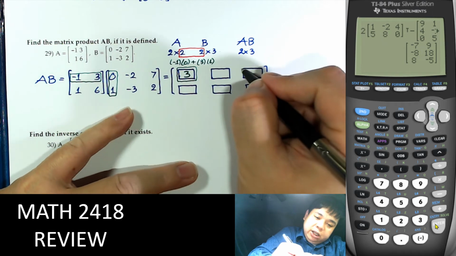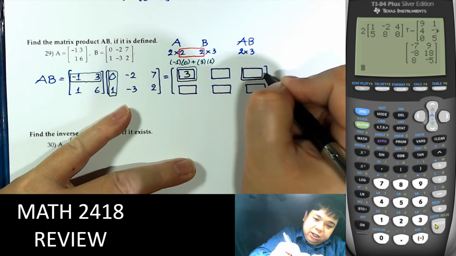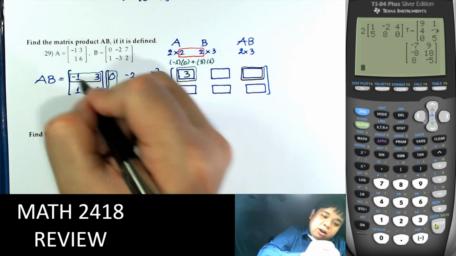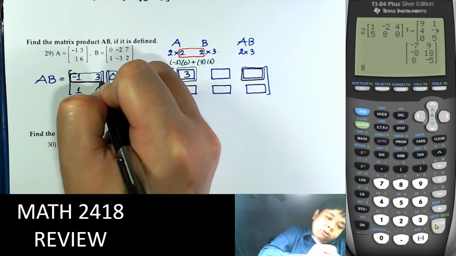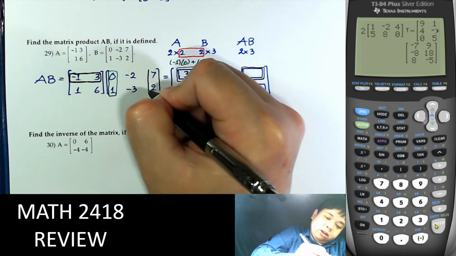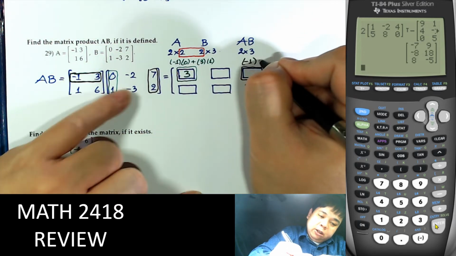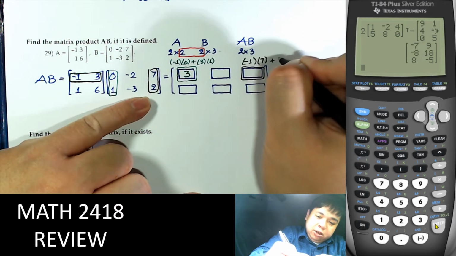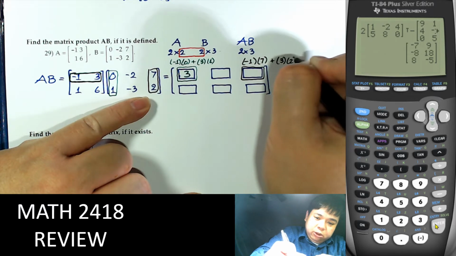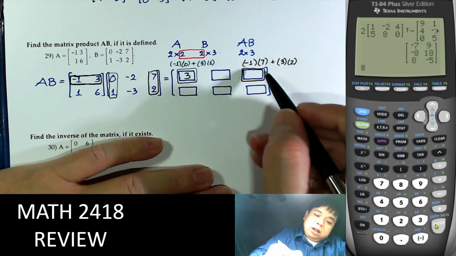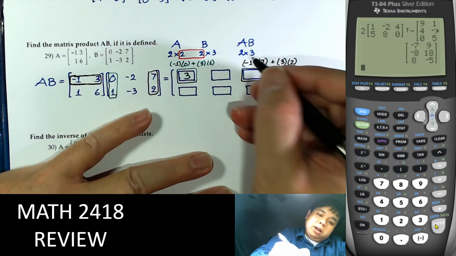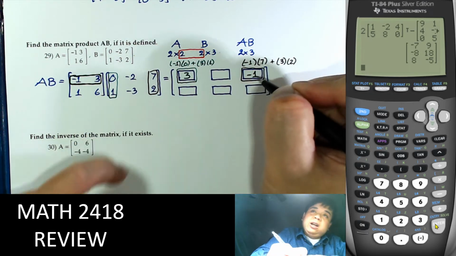For example, if we find this one, this is on the first row and third column. So use the first row and then the third column. Negative 1 times 7 plus 3 times 2. So that gives us negative 7 plus 6 is negative 1. Of course, we can do that.